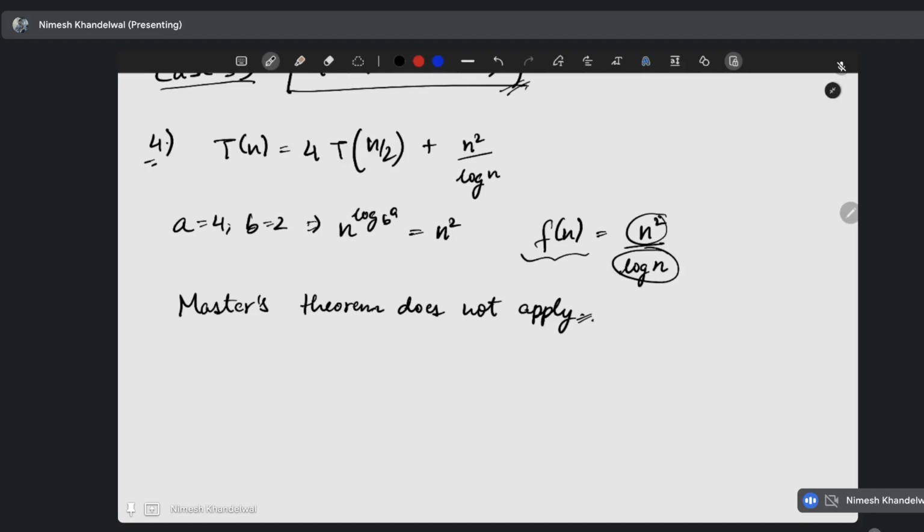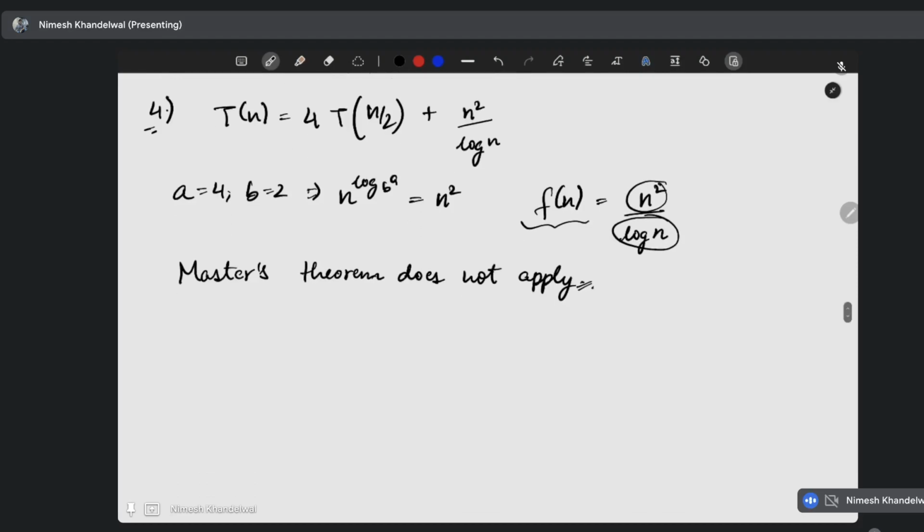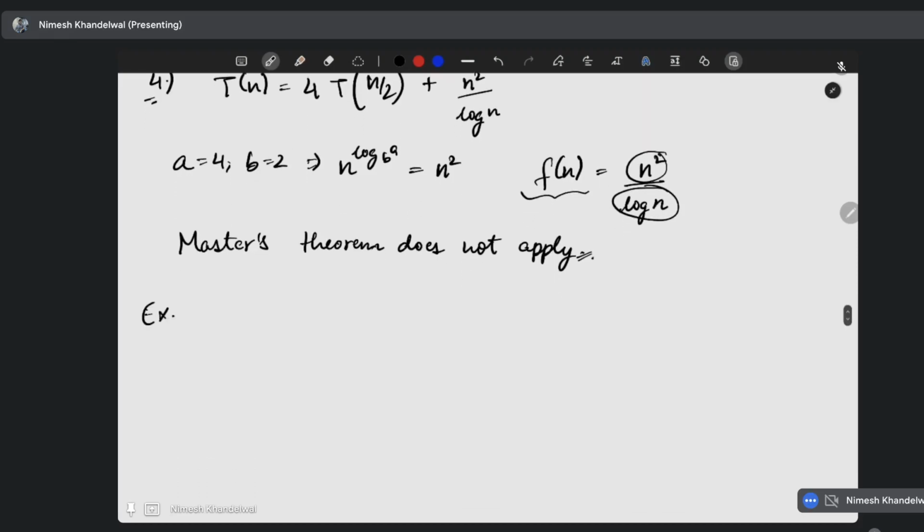So these were some examples of master theorem. Let us take one more example, T(n) = 2T(n/4) + n^0.51.